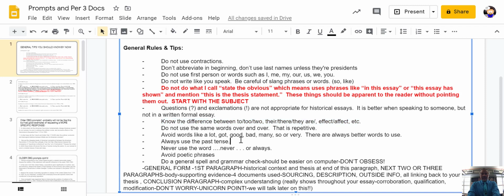Do not use the same words over and over. I use the same words over and over. You cannot help it. That is not the most egregious mistake you can make here, but do not use the same words over and over. So avoid words like a lot, good, bad. It was very bad.